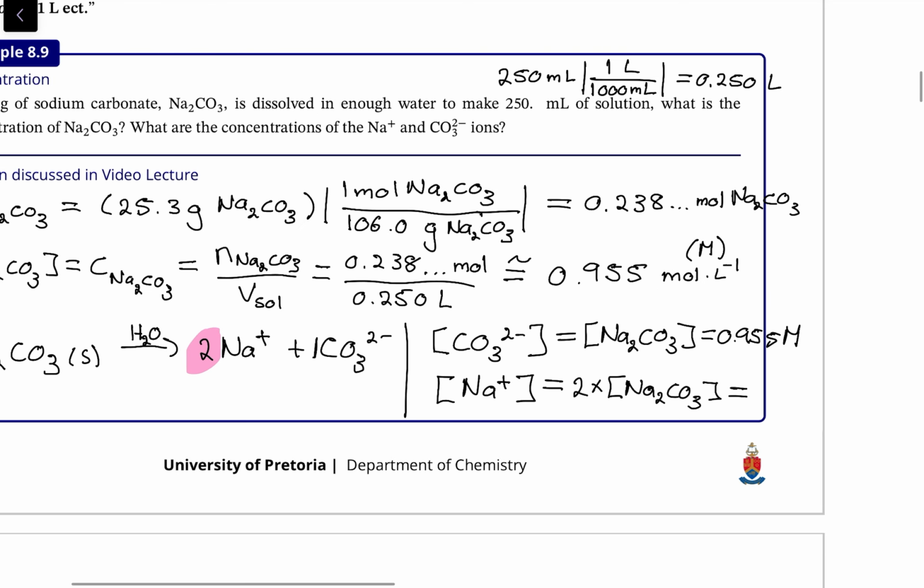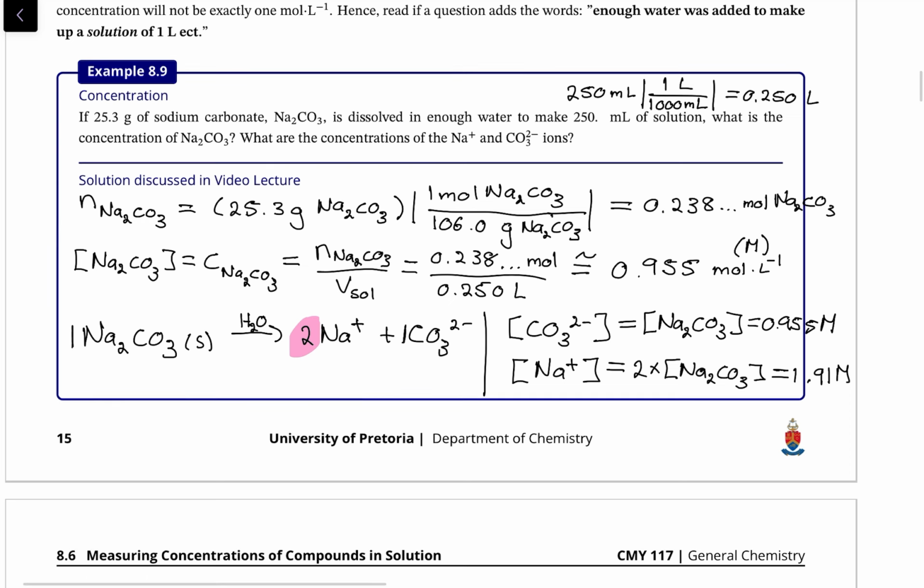So this must be 1.91 molar. Physically, if you break up sodium carbonate, there will be twice as many sodium ions that come out into the solution as there will be carbonates.